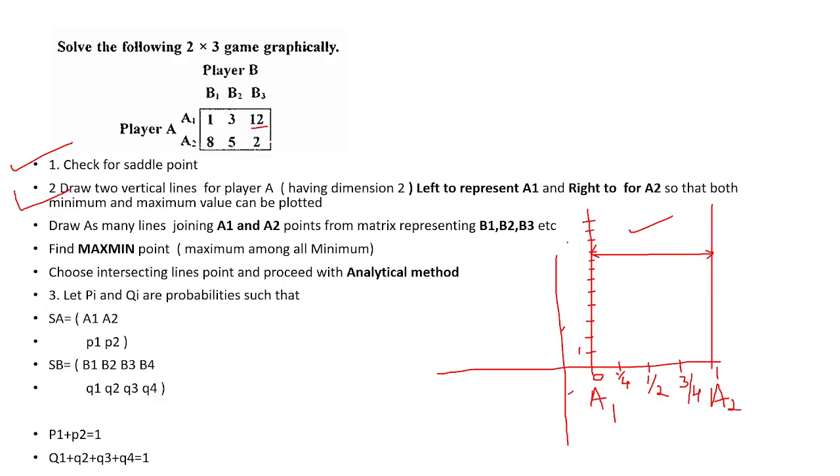Mark this. 1 to 12 you have marked on the A1 line. In the same way, you mark here also 1, 2, 3, 4, 5, 6, 7, 8, 9, 10, 11, 12.